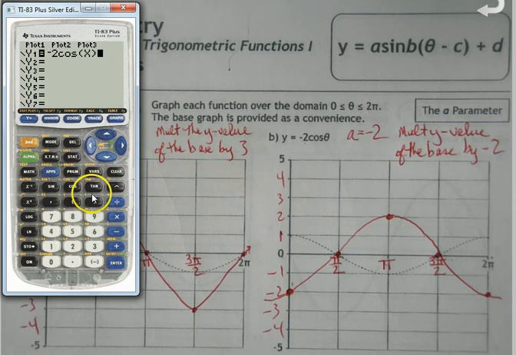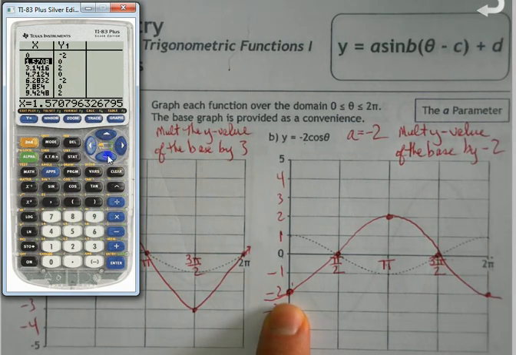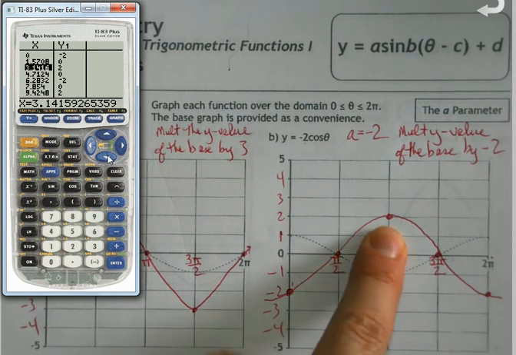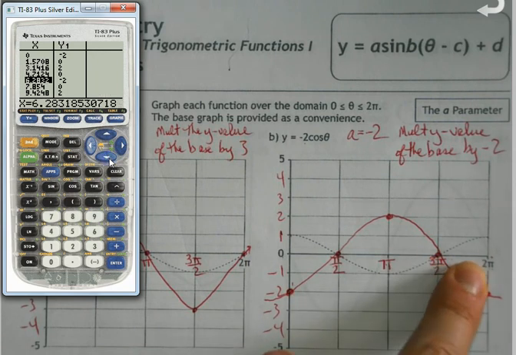Or if you've got the one downloaded for at home, and you get your graph and you look. But then let's look at the chart, because I want to see if I'm right. X value is 0, y value is negative 2. So far, so good. Pi over 2 should be 0, yes. Pi should be 2, yes. 3 pi over 2 is 0, yes. Negative 2. Good deal.